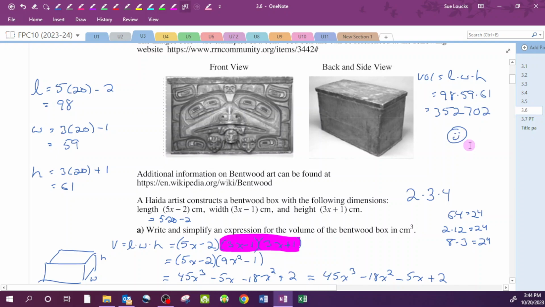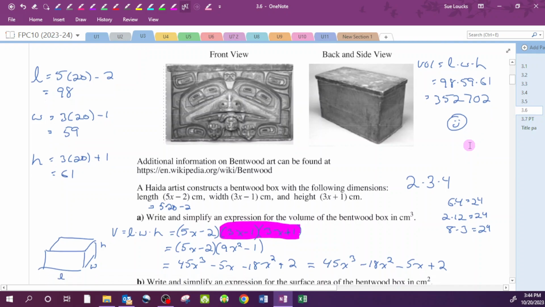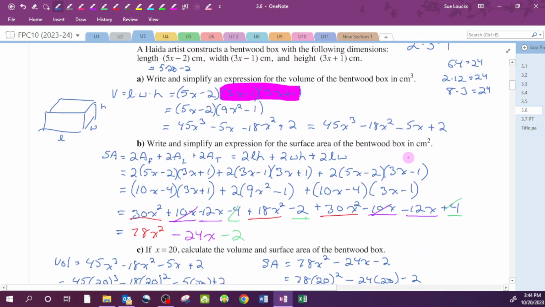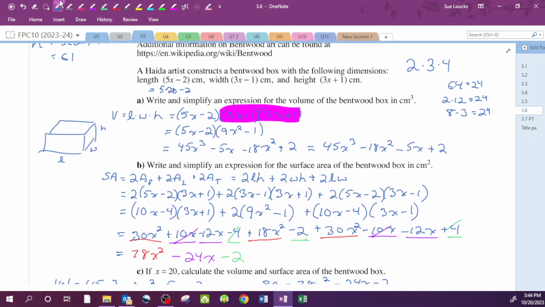Awesome. And then to check my surface area, I can do that down here, and I'm just going to do that in a different color here. So I've got 2 times my length was 98. I'm not going to fit it in here. I had more room on my paper. 98 times 59. Oh, wait, times the height. The height was 61.